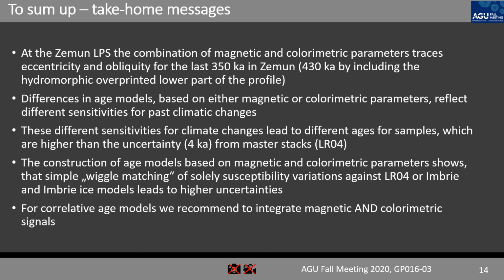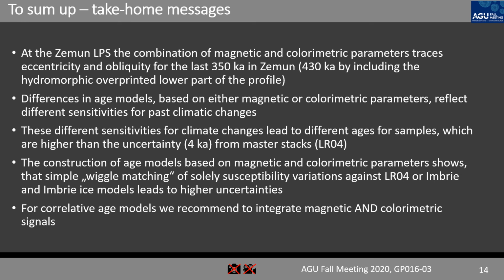To sum up and to take home, at the Zeeden loess-paleosol sequence, the combination of magnetic and colorimetric parameters traces eccentricity and obliquity for the last 350,000 years. When we consider also the lower part of the profile, which is probably redeposited, we can assume a 430,000 year record.